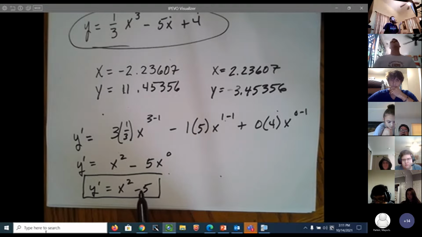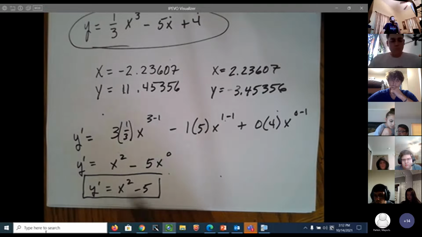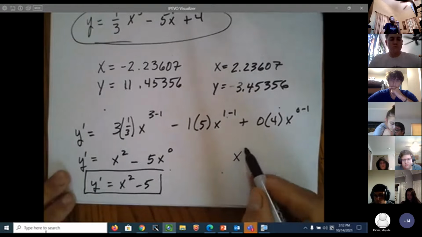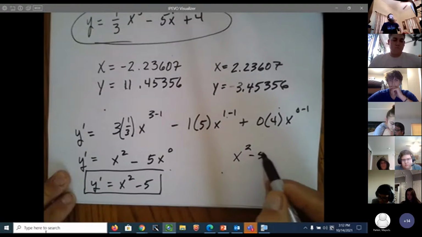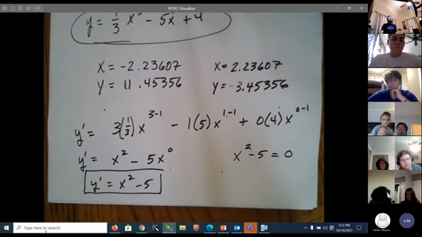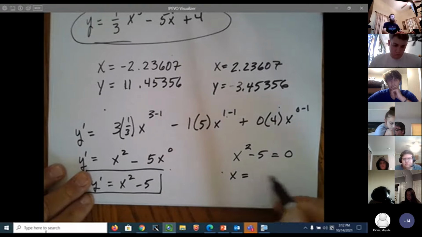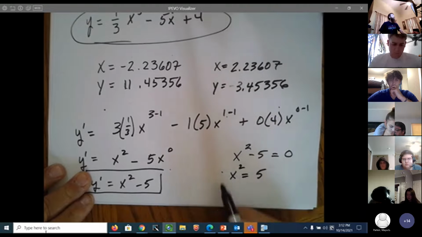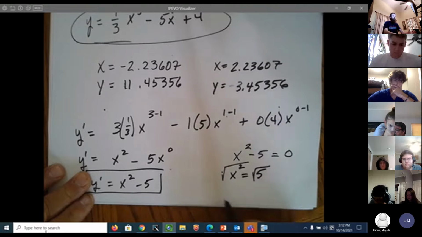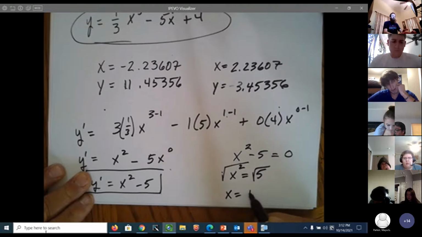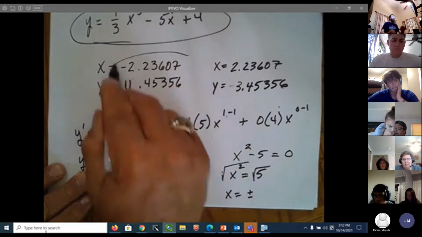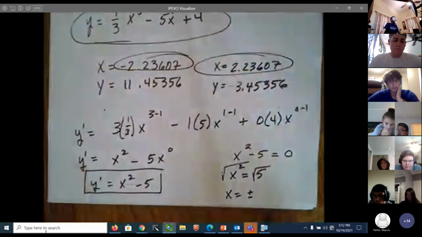If I want to find out where the slope is equal to 0, I set this equal to 0. So x squared minus 5 is equal to 0. x squared is equal to 5. Take the square root. x is equal to positive or negative square root of 5.